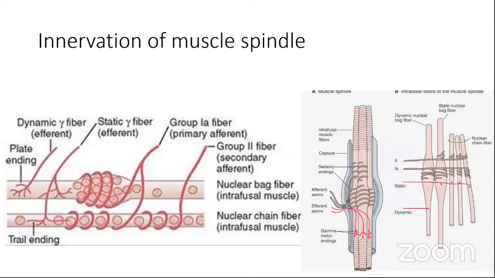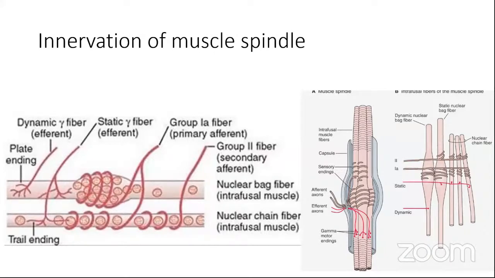Now coming to the gamma efferents. The gamma efferents innervating the muscle spindle are of two types. One is static gamma efferent, which innervates the non-contractile middle portion of the bag fiber, and they also send their trail endings to the nuclear chain fibers.